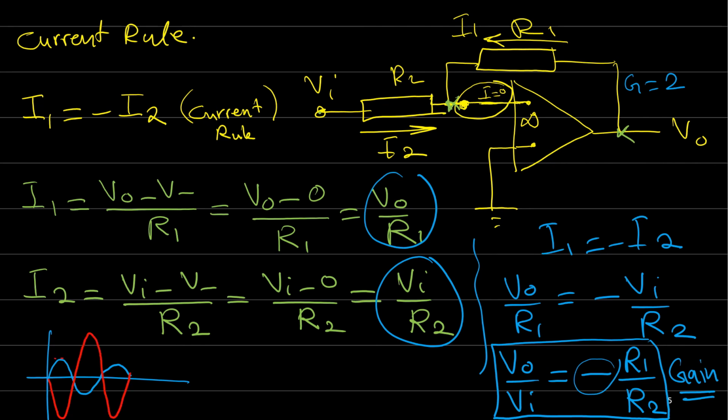If the input peak is 1, the output will be minus 2, and if the input is minus 1, the output is plus 2, and so on. So this is inverting. Just for accuracy, this is minus 2, because G is minus R1 over R2. R1 is the feedback resistor and R2 is the input resistor.